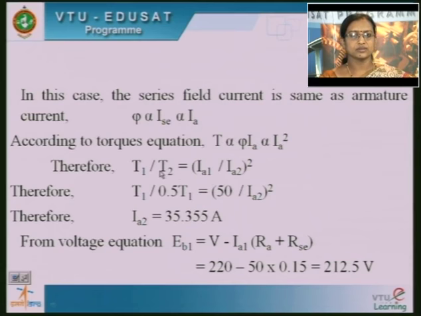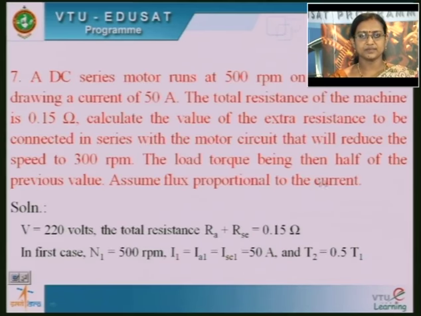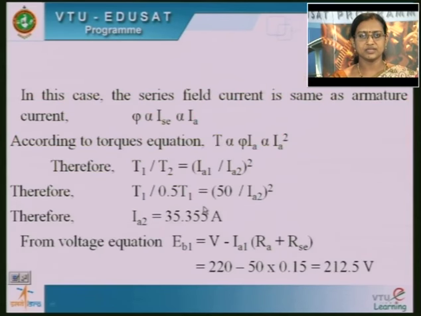So, there are two conditions. One is the speed at 500 rpm. When the speed changes to 300 rpm, you have to see how much resistance you are going to add. So, it is T1 divided by T2. From this relationship we can get that T1 divided by T2 is equal to IA1 divided by IA2 whole square, because T is directly proportional to IA square. For the second condition, the load torque being then half of the previous value, that is T2 is equal to 0.5 times T1.